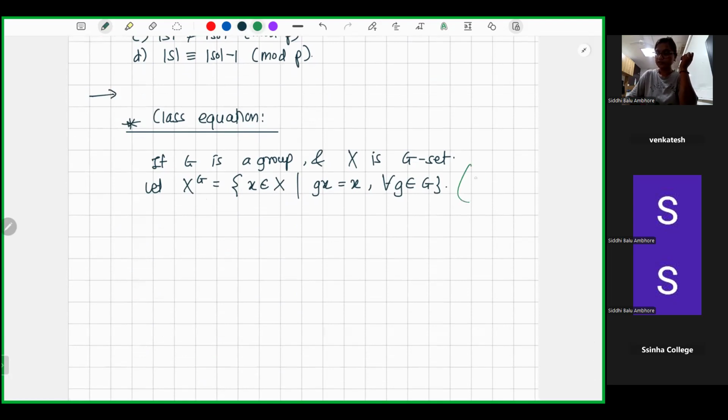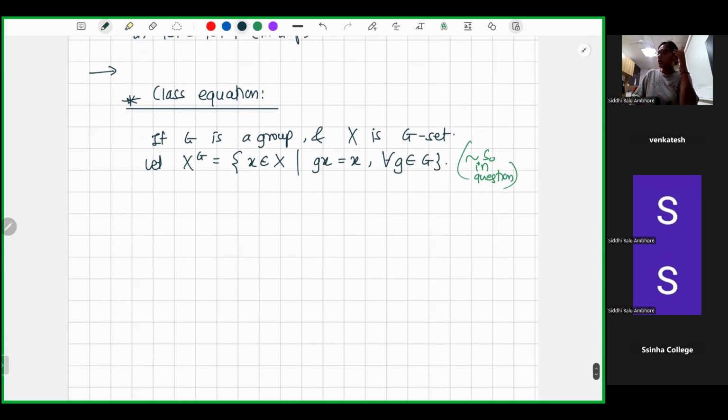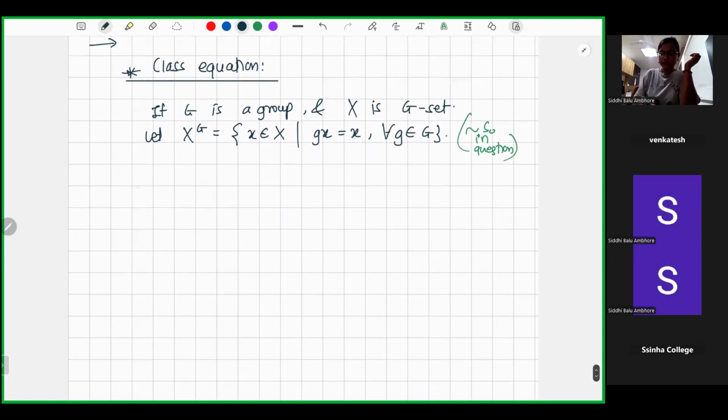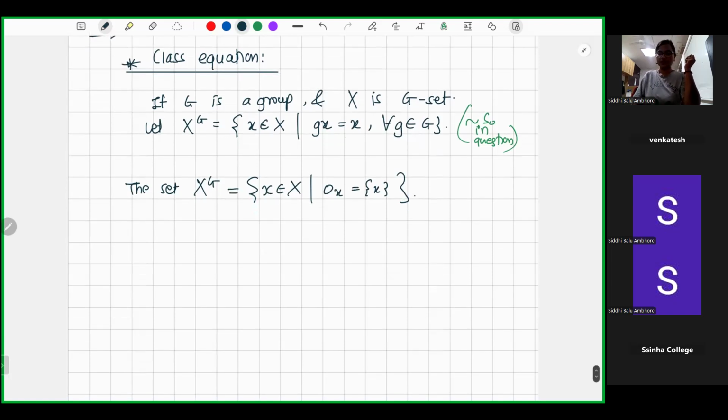This is equivalent to S naught in our question. Okay, and this set X^G can also be thought of as all those x in X such that the orbit of x is the singleton {x}, right? Because what is the orbit of x?